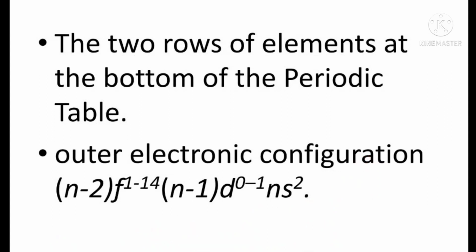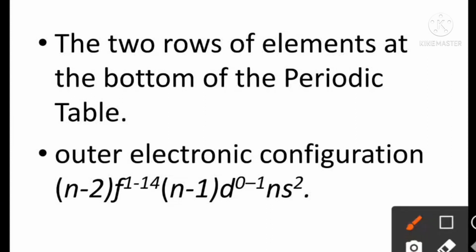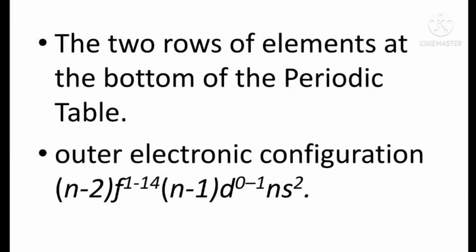The very important thing is that the general outermost electronic configuration of F block elements is (n-2)f1 to 14, (n-1)d0 to 1, ns2.